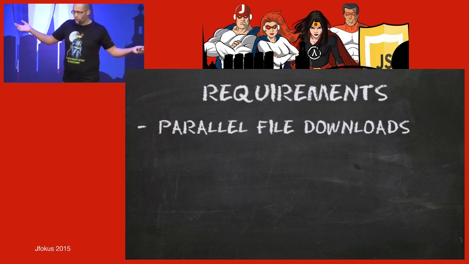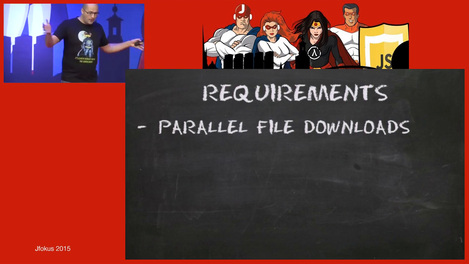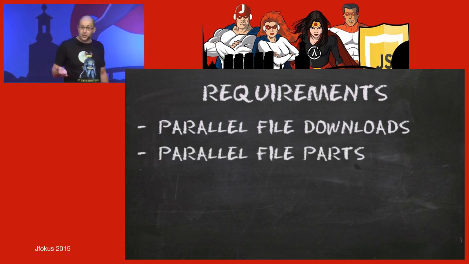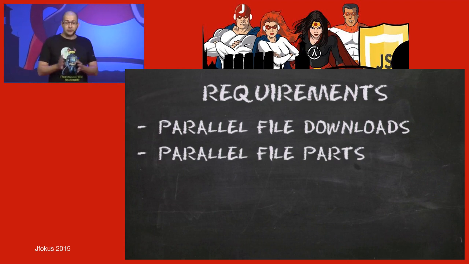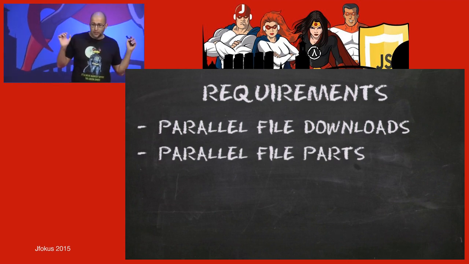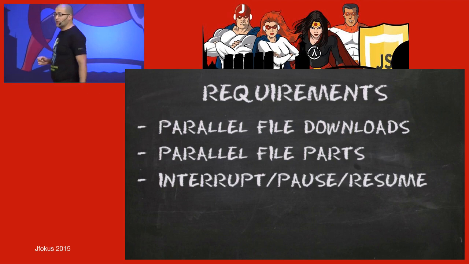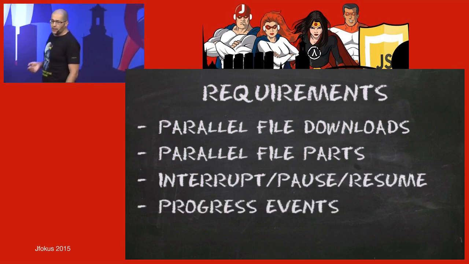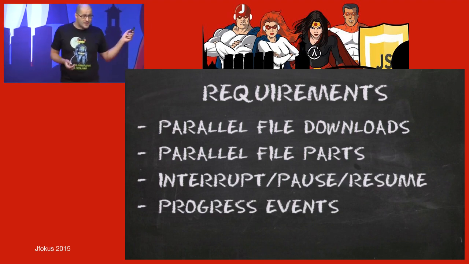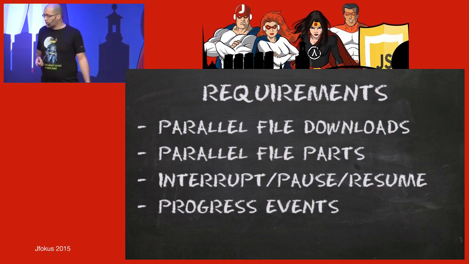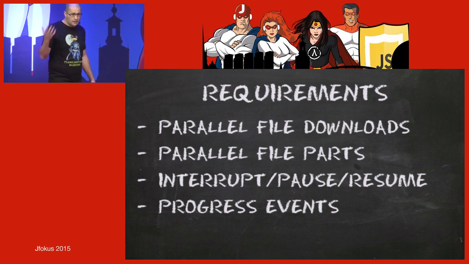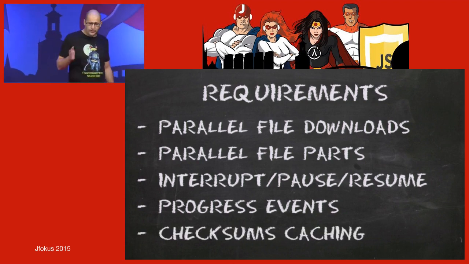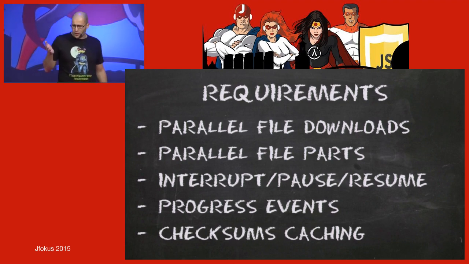Of course, naturally, parallel file downloads, many files in parallel, and file parts. So if you download one file, it could be split into two and downloaded in parallel. Interrupt, pause, and resume functionality as well, and progress bars for downloads. And one additional feature that we won't discuss today, but it's also very important, is checksum caching.